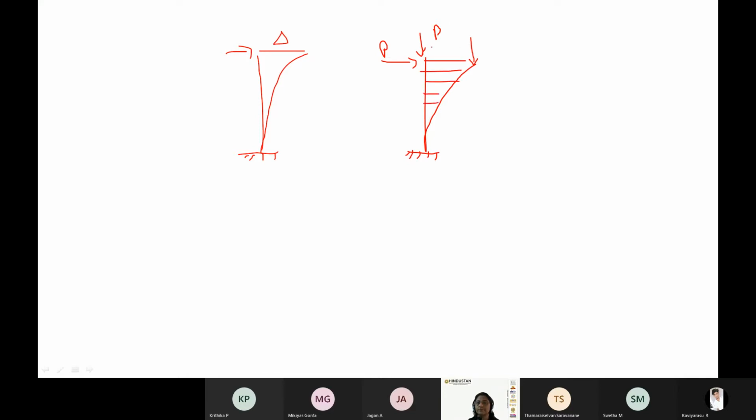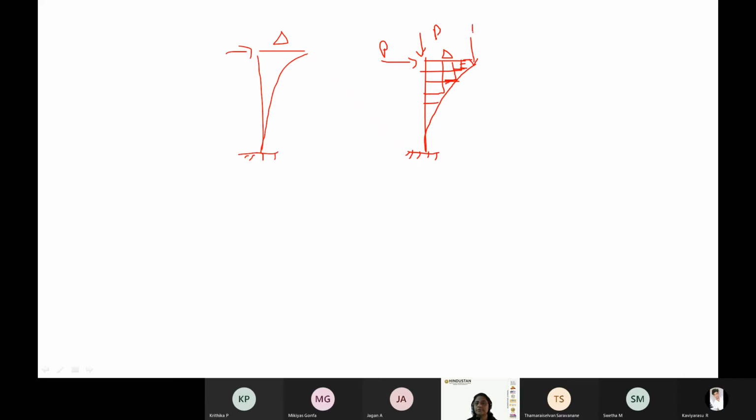So you have this P into this delta, this P into this displacement. This deformation is the additional deformation coming at each story, due to the horizontal loading.